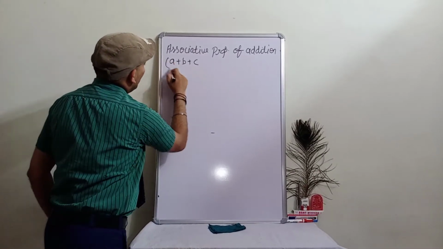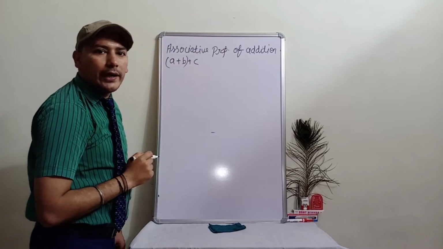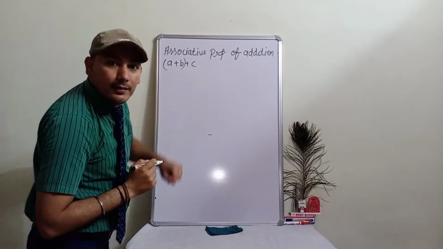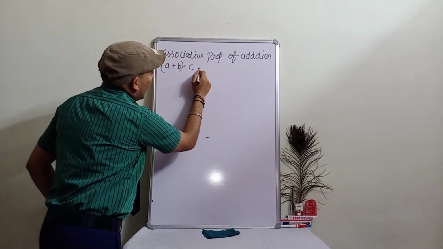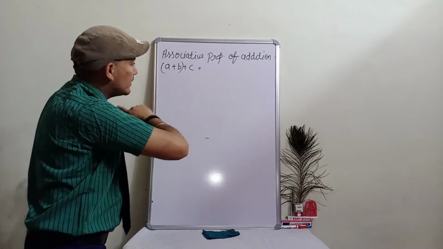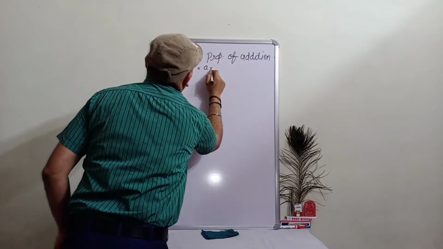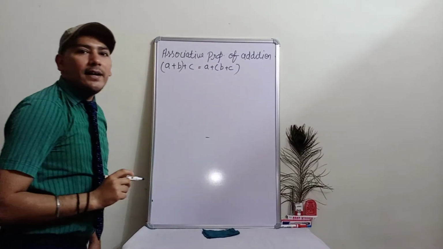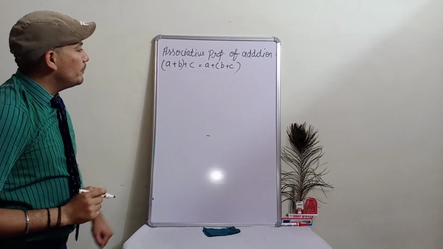So first we will take 2 integers together in a bracket: A plus B, plus C. The answer will remain the same if we regroup the integers. Now we will take out A and inside the bracket we will take B and C. Now see.